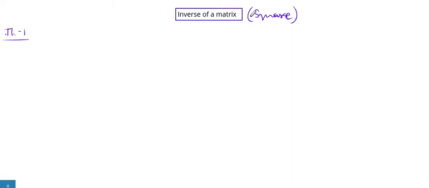So for the inverse of a matrix, we have to know some theorems on matrices.